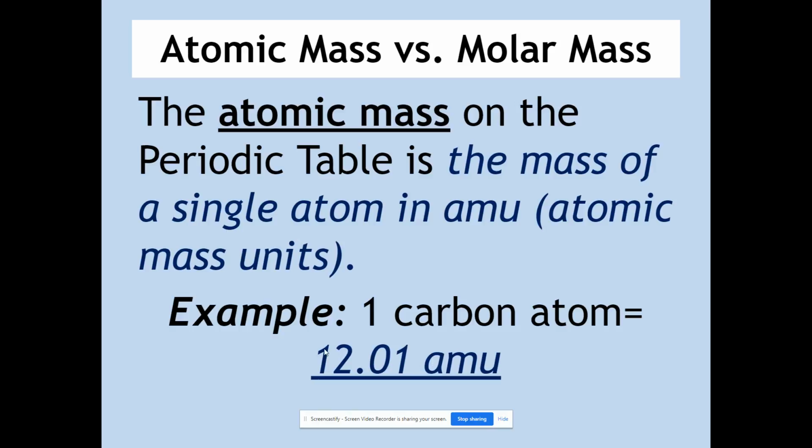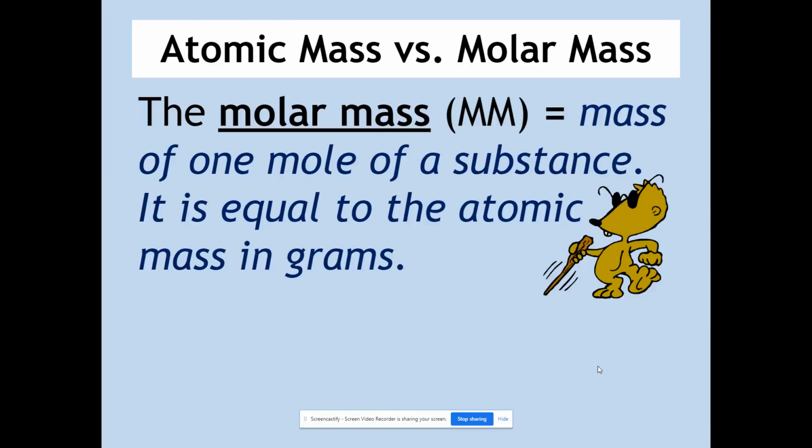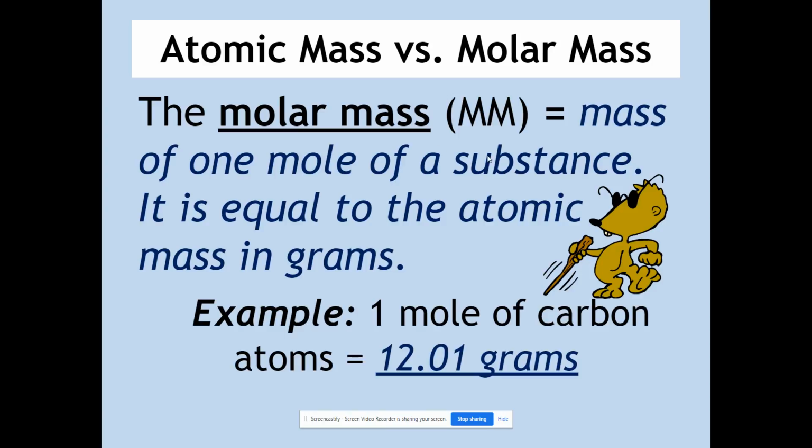In this case, given the isotopes and everything too, carbon is equal to 12 atomic mass units.